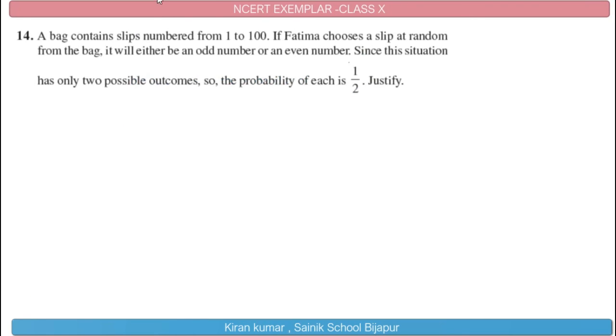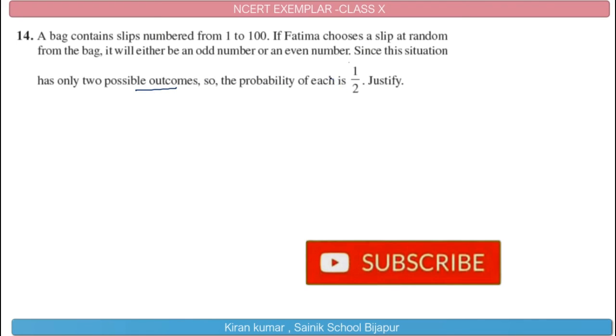14th one. A bag contains slips numbered 1 to 100. If Fatima chooses a slip at random from the bag, it will either be an odd number or it can be an even number. Since this situation has only 2 possible outcomes, so the probability is 1 upon 2.